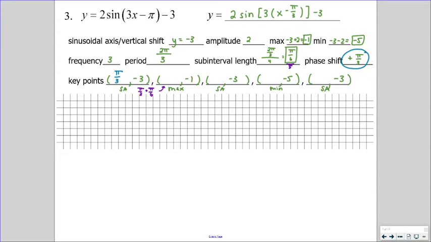Pi over 3 is the same thing as saying 2 pi over 6. So that next key point is going to be 3 pi over 6. I'm going to write that out, and then I'm going to simplify. That is going to be pi over 2. All right, and then again, we're adding another pi over 6. So this is 4 pi over 6.